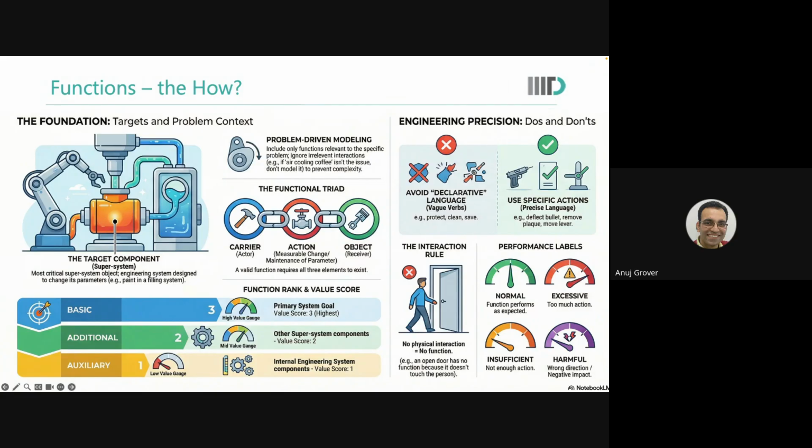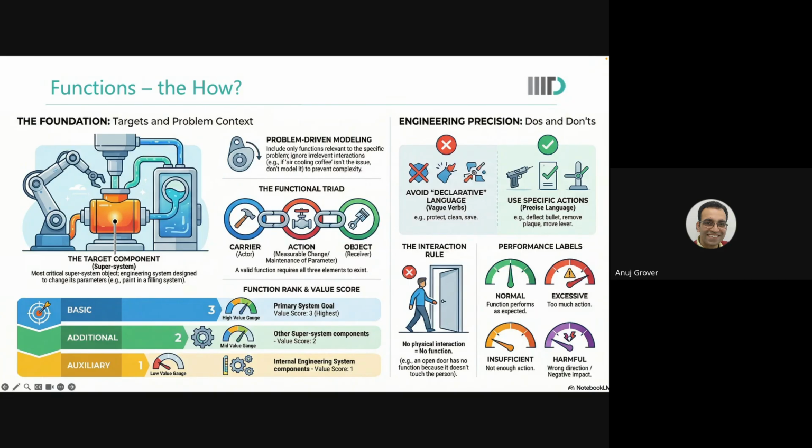Then we said that any function that acts on other supersystem components, not the target, are additional functions. To the basic function, we gave a value of 3 units.